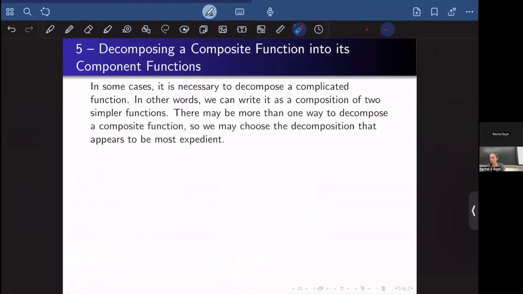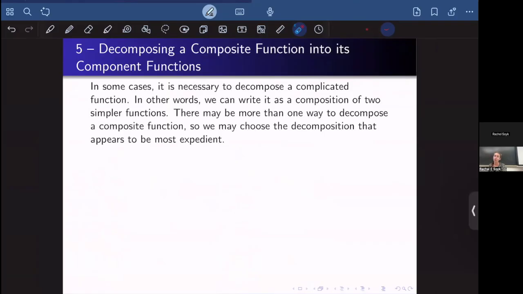And finally, we're on our last objective, being able to decompose a composite function into its component functions. Sometimes it's necessary to decompose a complicated function, aka just break it up into simpler functions. And sometimes there's more than one way to do it.